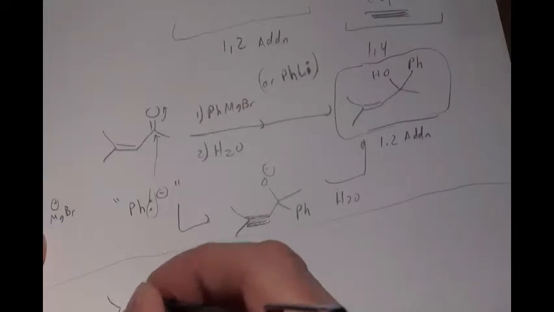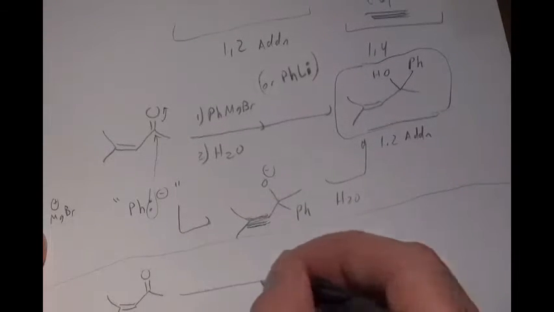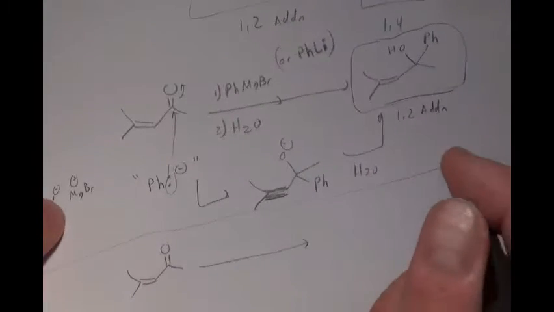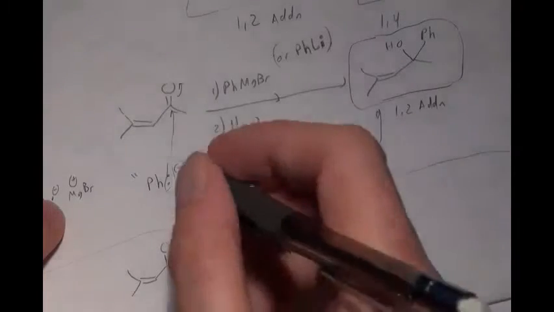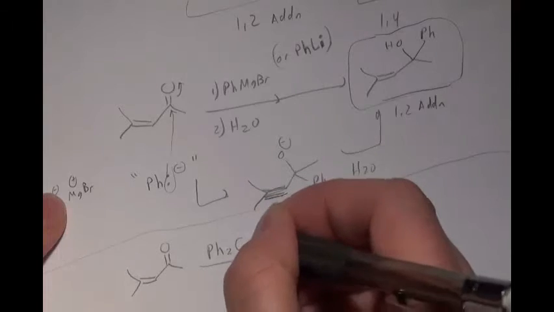Okay, a 1,4 addition. So let's show an example. And we'll talk a little bit more about cuprates in a second. A big thing is that they have 2 parts.